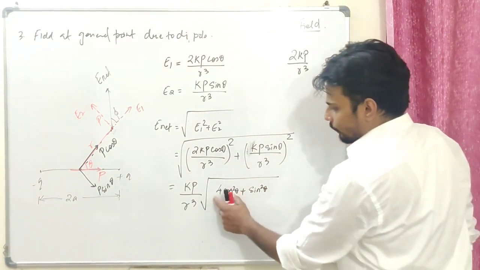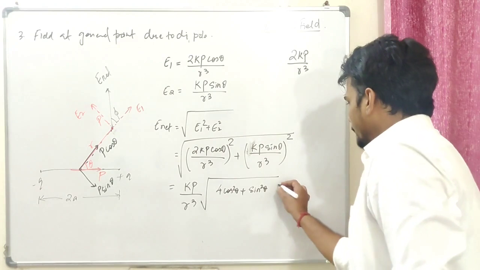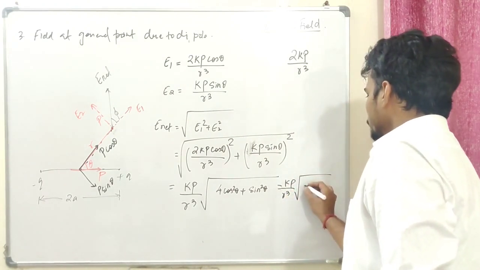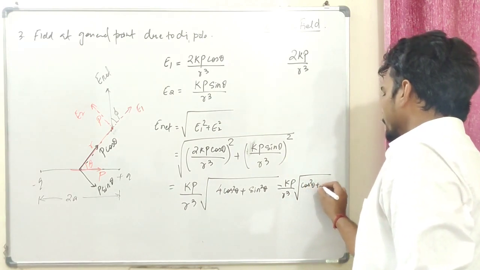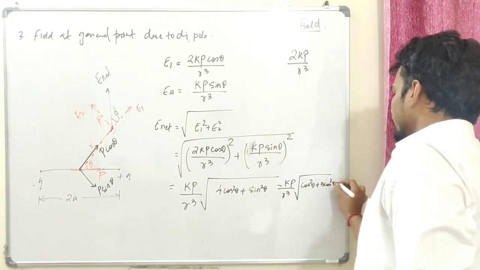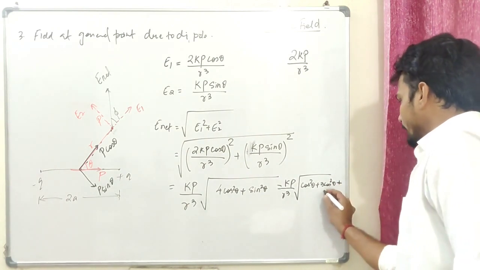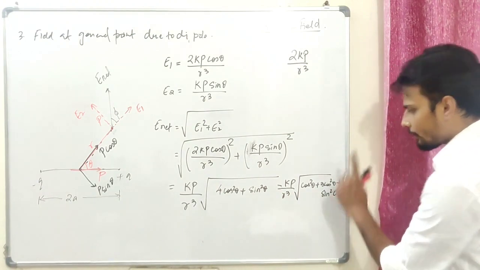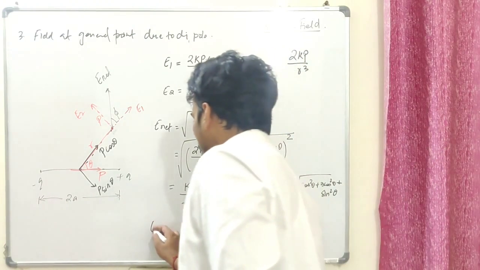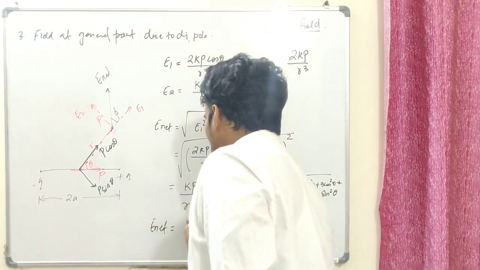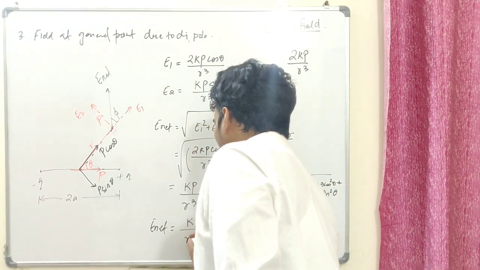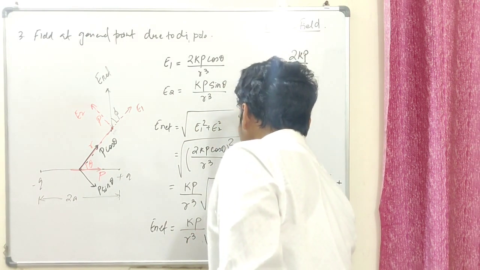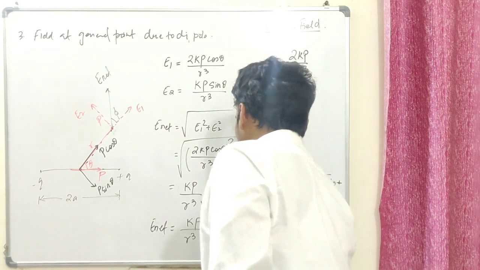If I break 4 cos square theta into 1 cos square theta plus 3 cos square theta, I'm doing it here. I'm going to have kp over r cube under root of cos square theta plus sin square theta plus 3 cos square theta. So cos square theta plus sin square theta is how much? 1. So the net electric field E net is going to be kp over r cube under root of 1 plus 3 cos square theta.